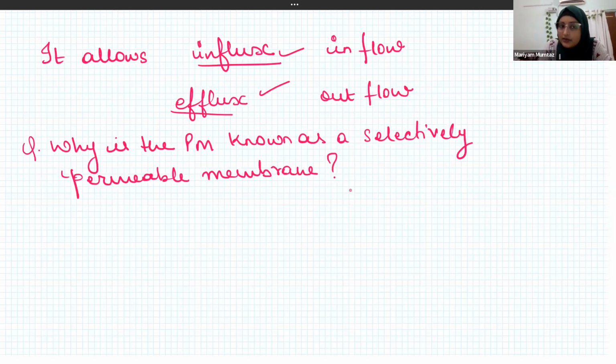Now, do you understand the word permeable? Can you make out what the meaning of permeable is? Not in biology, in English you tell. What is the meaning of permeable? To let something flow? Yeah, to permission, to give permission, isn't it? So that is why plasma membrane is, because it allows, right?